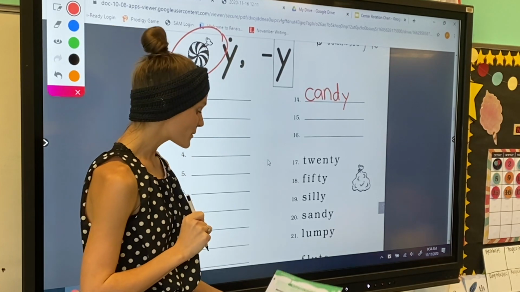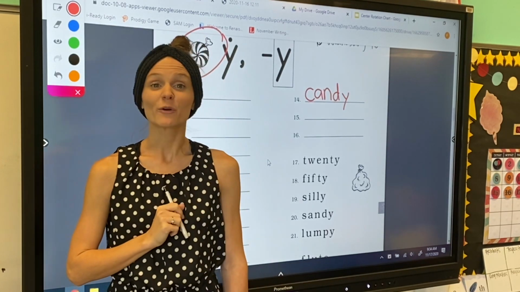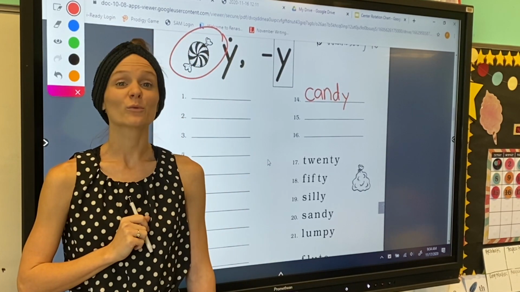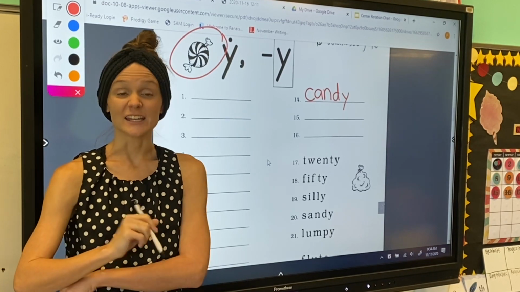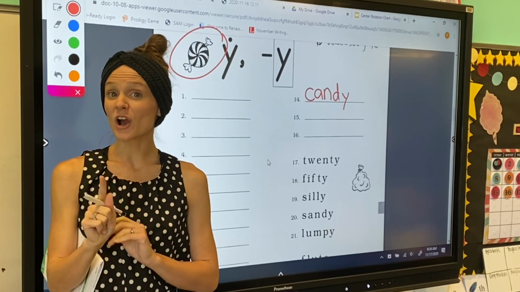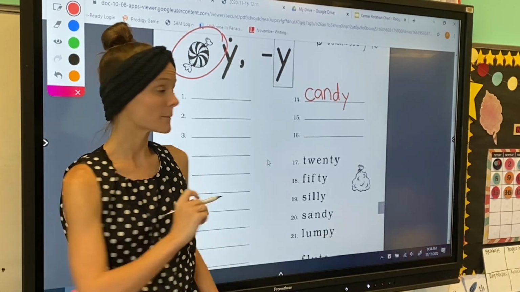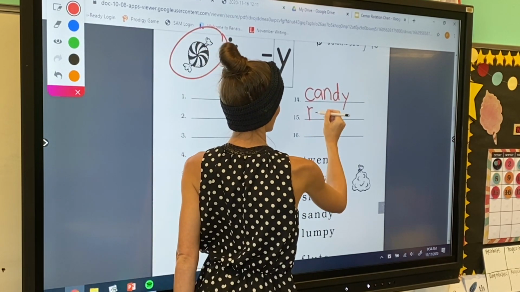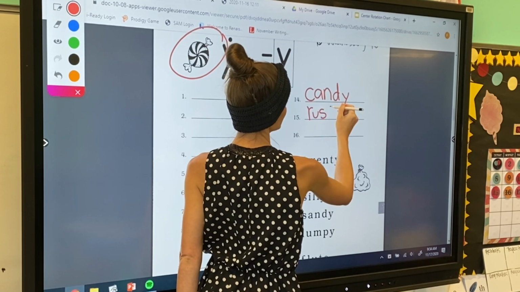Excellent. For number 15, we're going to spell the word rusty. Rusty. Again, two syllables, rusty. So I'm going to start by writing Rus, T.